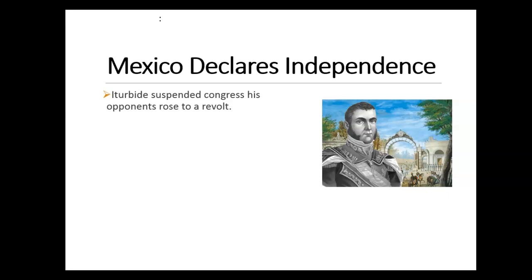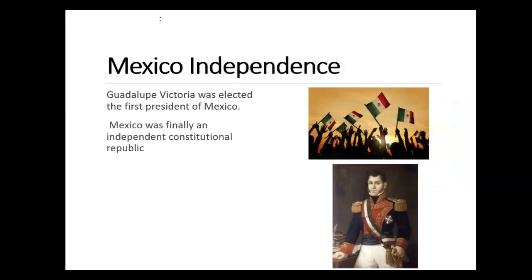Led by Lopez de Santa Anna, Iturbide fell from power in 1823, and a republican constitution was enacted in 1824. Guadalupe Victoria was elected the first president of Mexico. Mexico was finally an independent constitutional republic.